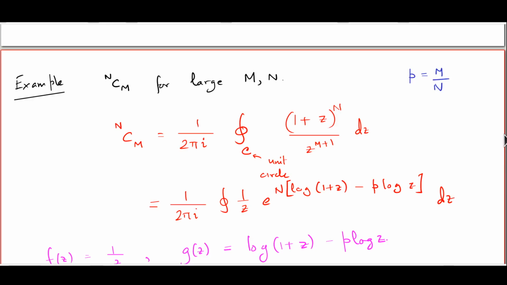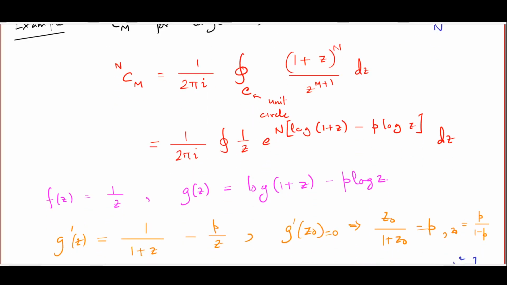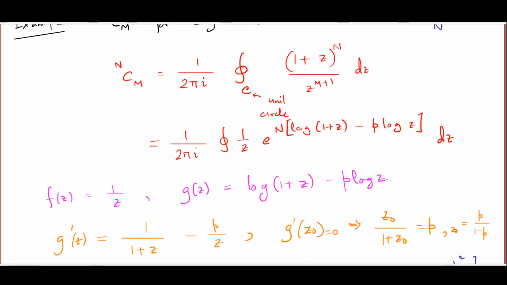Now what we are going to do is simply rewrite this contour integral in the form which is amenable to the steepest descent method or the saddle point method. So what we do is take a look at the integrand, which is 1 plus z raised to the power n by z to the power pn, that's an extra 1 by z, and we easily see that we can recast this in the form that we were looking for, f of z into e to the power some large parameter times g of z.